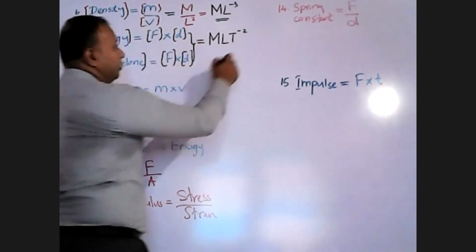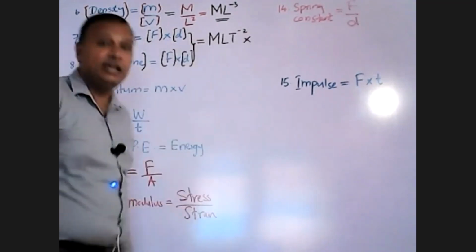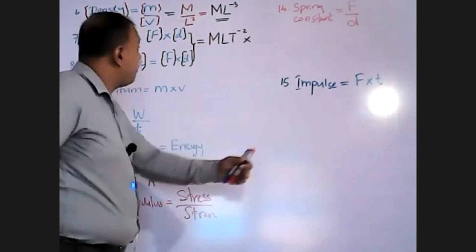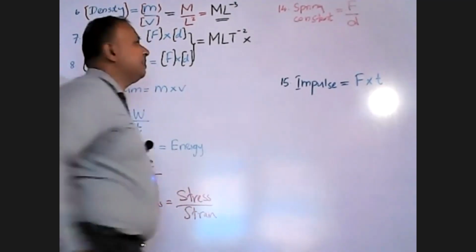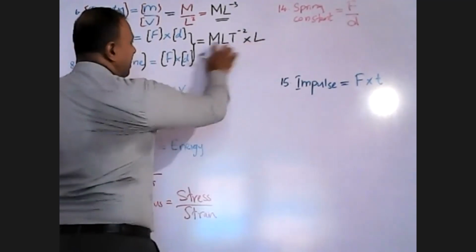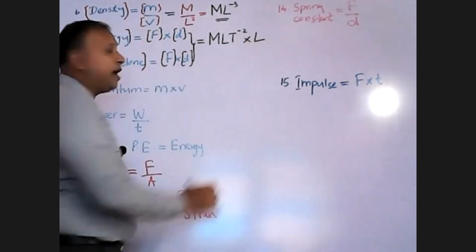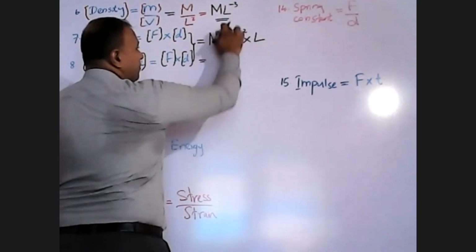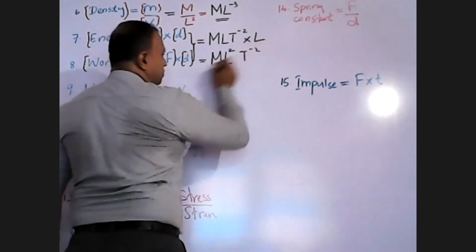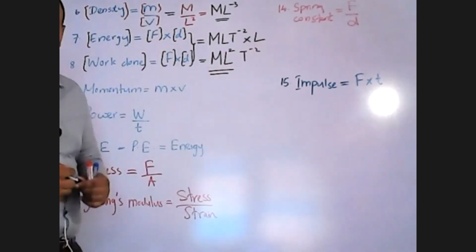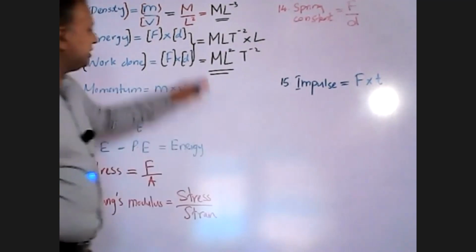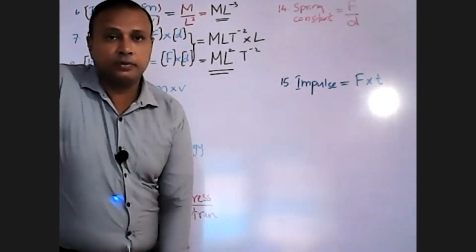Then into D. D means displacement, which is a length, so the dimension of D is L. Now MLT minus 2 into L means ML squared T minus 2. Do you understand now? Good.